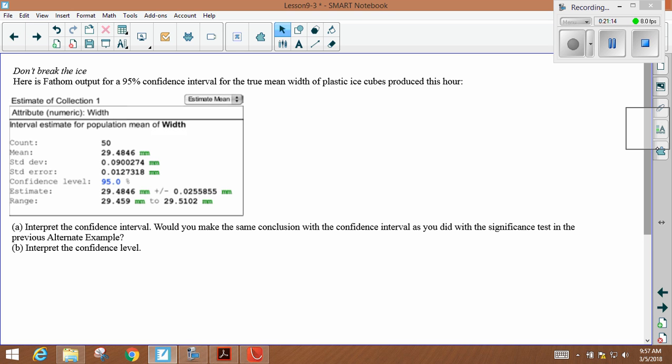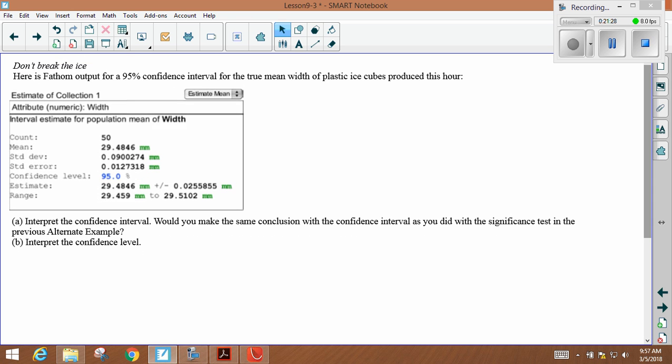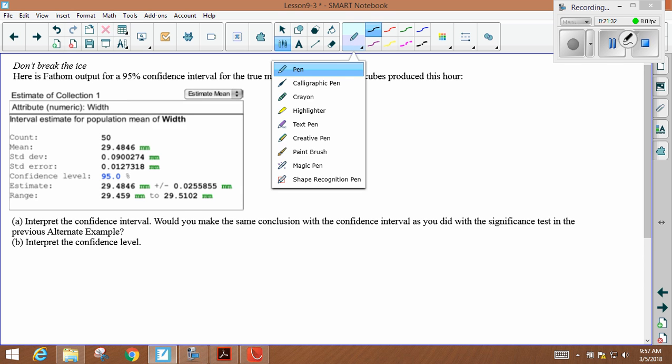So, the answer is yes for all of them, right? We did A already. Let's talk about B, because we can't forget how to interpret a confidence level, right?